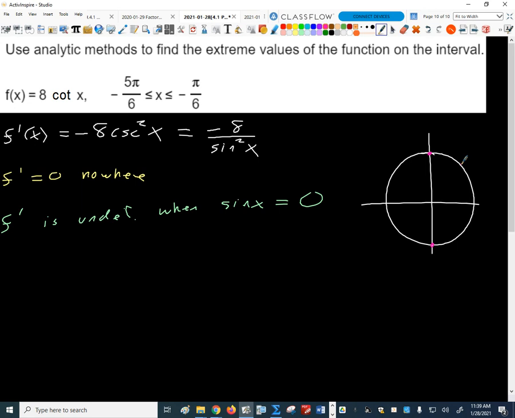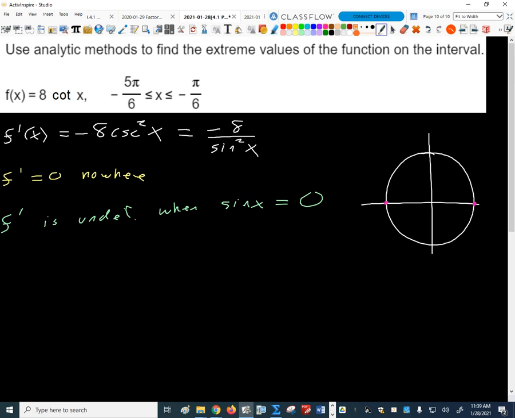Or hold it, I got that backwards, didn't I? Sine is equal to 0 there and there, isn't it? That's where the y-coordinates are equal to 0. So that would be at 0, pi, 2 pi, 3 pi, 4 pi, or 0, negative pi, negative 2 pi. Just integer multiples of pi, right?